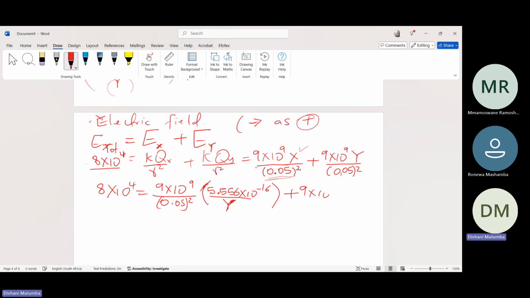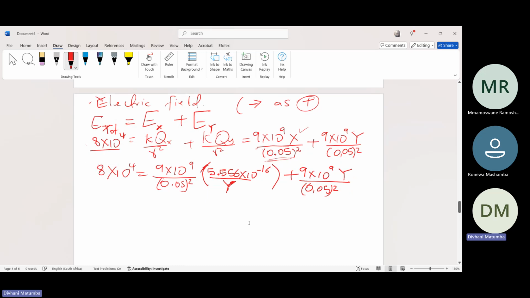9 times 10 to the power of 9 times y divided by 0.05 squared. Okay, from here, I want to eliminate, let me see what we have.